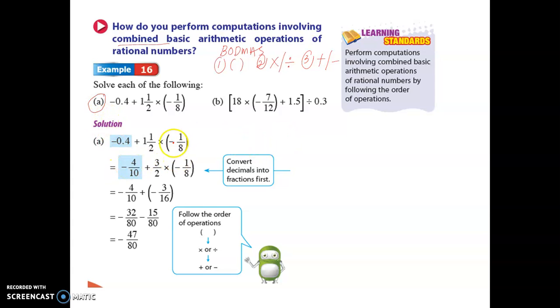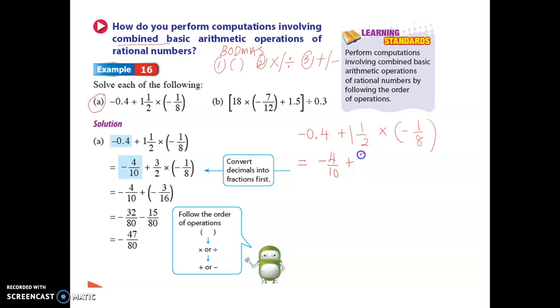For this case, you can see all these are rational numbers. You have to convert everything into the form of a fraction, because a rational number can be written in the form of a fraction. So negative 0.4 in the form of a fraction will become negative 4 over 10.